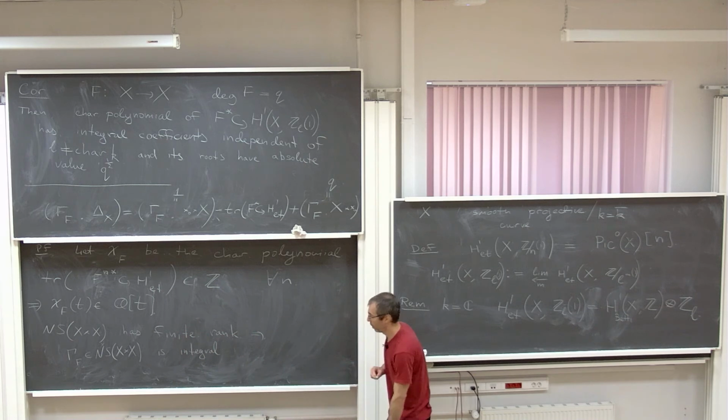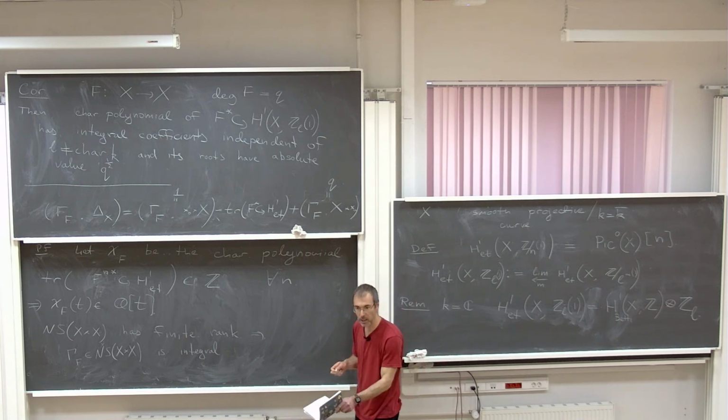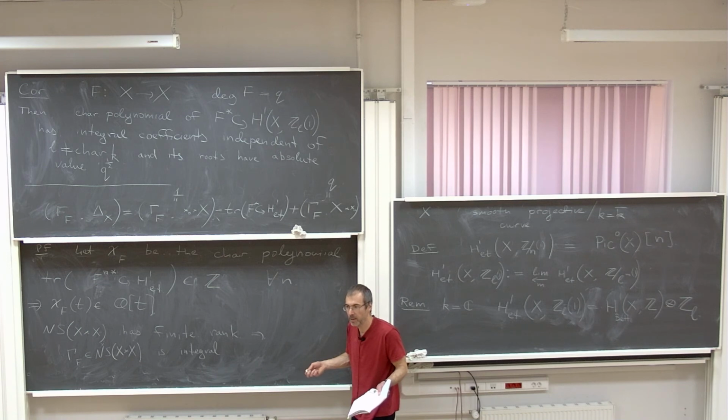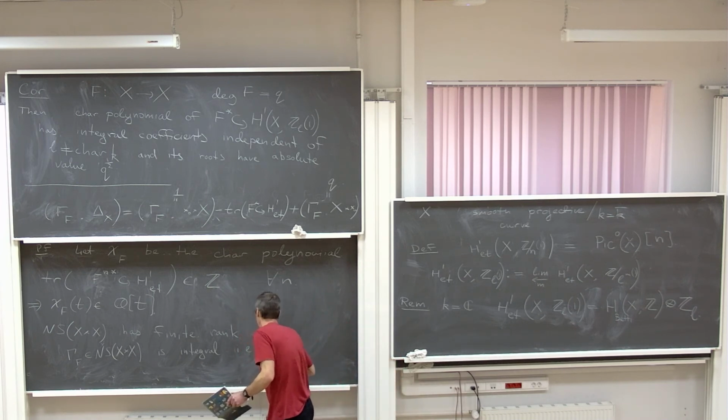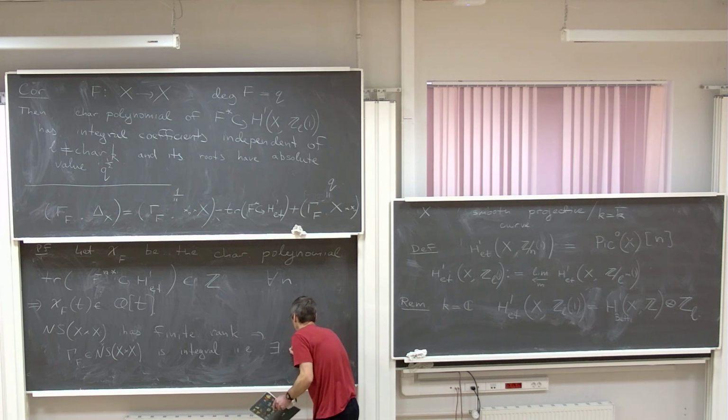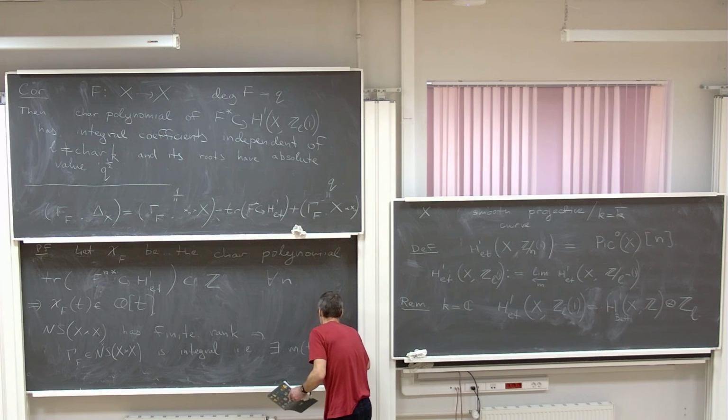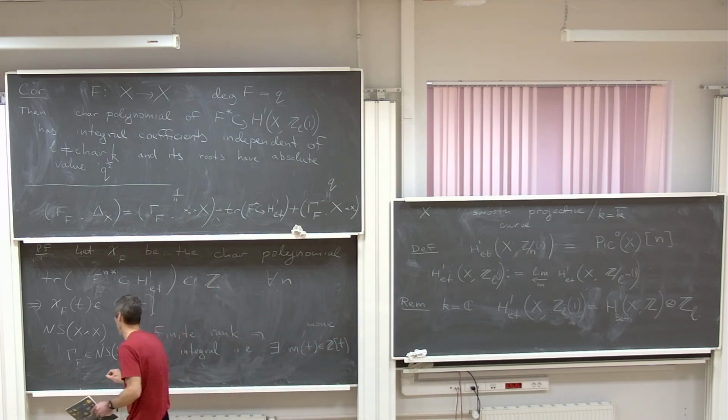All right? What does it mean that an element of a ring is integral? It means that it satisfies a monic algebraic equation with integer coefficients. So there exists a polynomial m of t with integer coefficients, and this is monic, such that m of gamma f is 0.